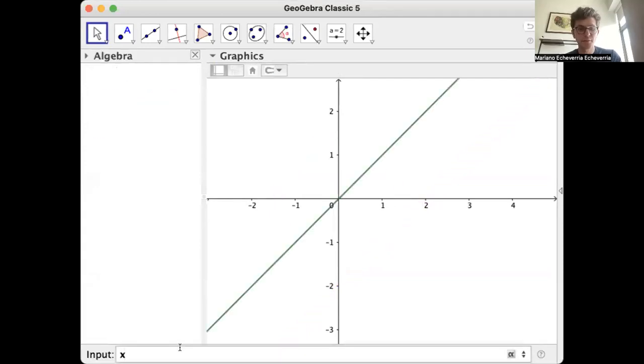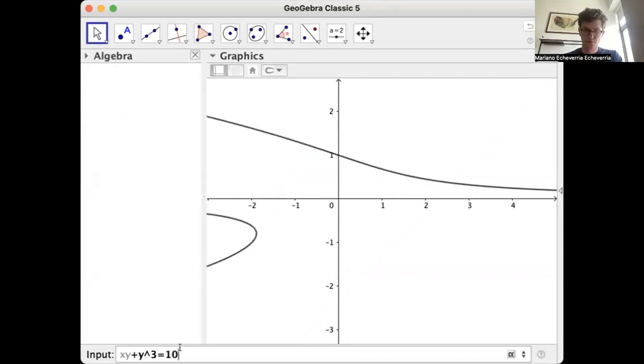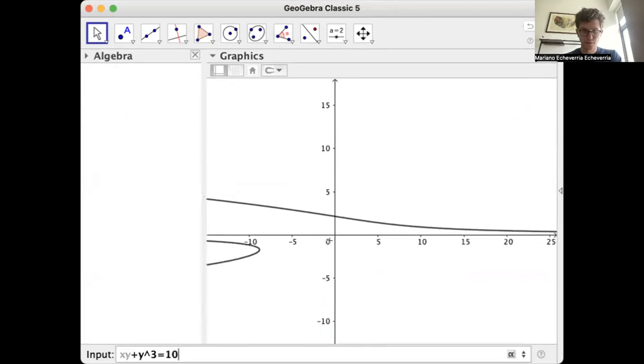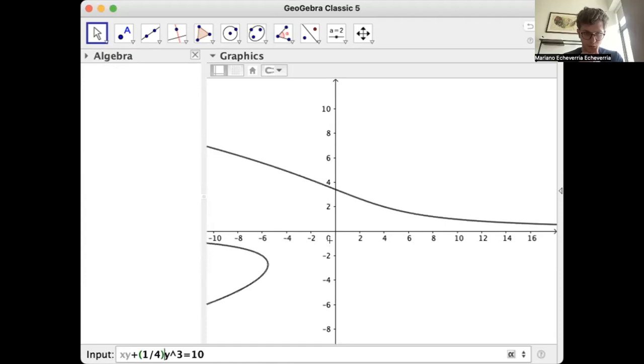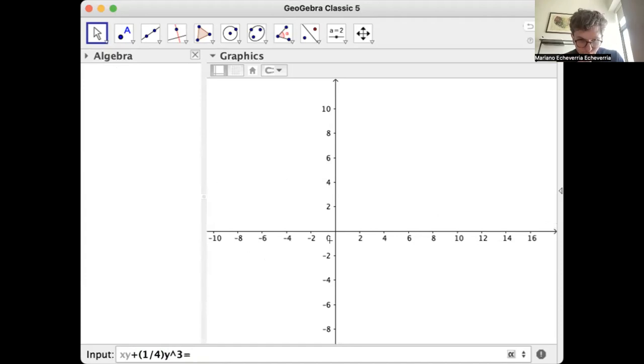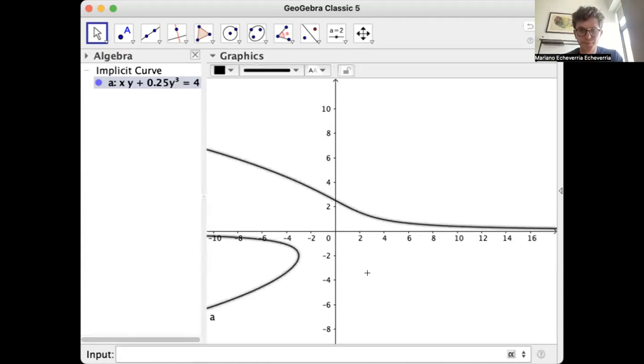Let's say I want to write xy plus y cubed equals 10.